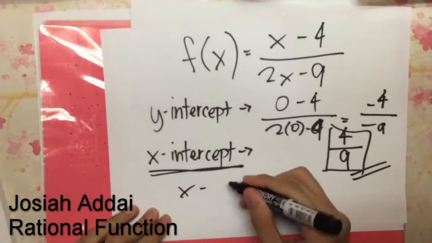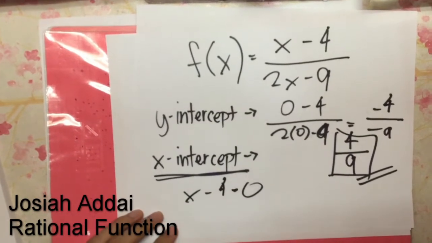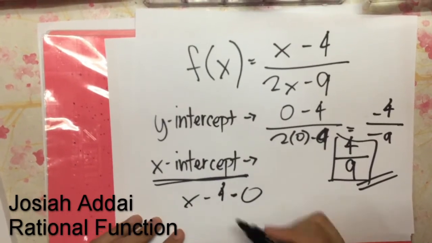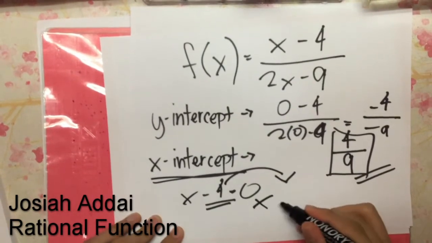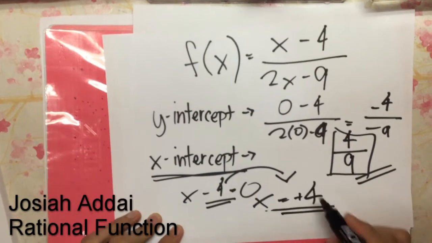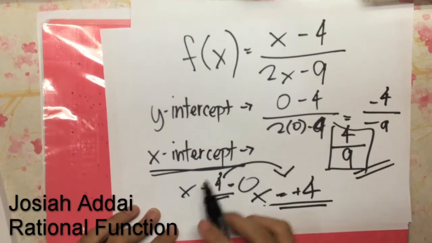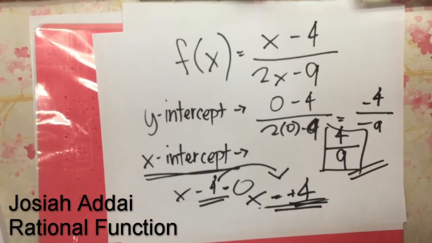So x minus 4 equals 0. After that, we will transpose negative 4 to the right side. So x equals positive 4. It became positive 4 because we transposed it from left to right.